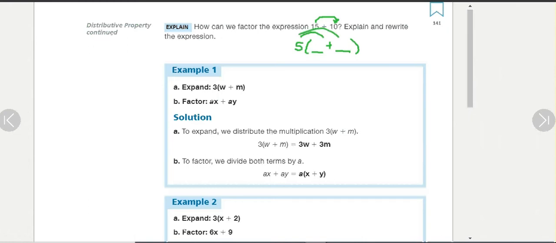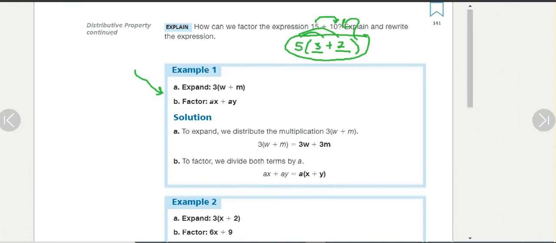Because remember, factoring is like the opposite of expanding, which is the distributive property we just reviewed. So 5 times what is 15? 5 times what is 10? This is the answer. This is a factored version of this. Didn't see that we were going to be factoring today, but this is very good practice for us.